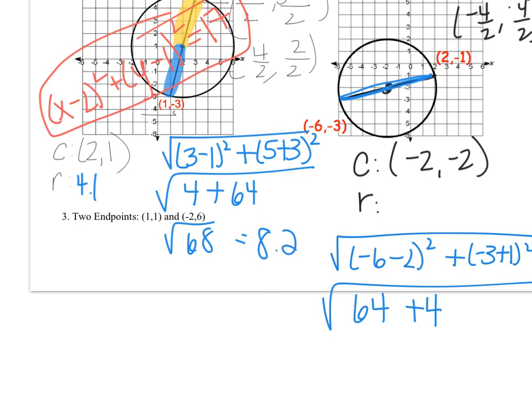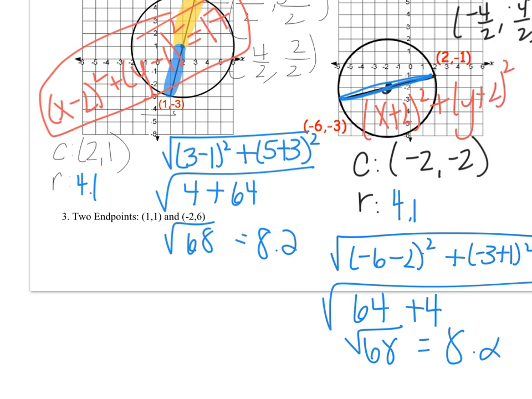So I did negative 6 minus 2. It's negative 8, which squared is 64. Negative 3 plus 1 is negative 2. So, yep, square root of 68. So that's going to equal 8.2 again. So my radius is going to be 4.1 again. Cool. So, my equation, (x plus 2) squared plus (y plus 2) squared equals 4.1 squared, which is 17.